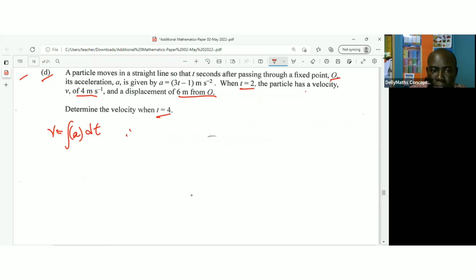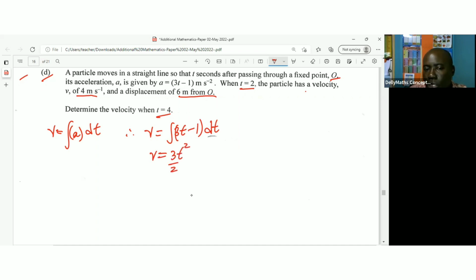So in this case, the velocity is going to equal the integral of the function for acceleration, which is 3t - 1, with respect to time, dt. Taking the integral, velocity is going to equal 3t squared over 2.